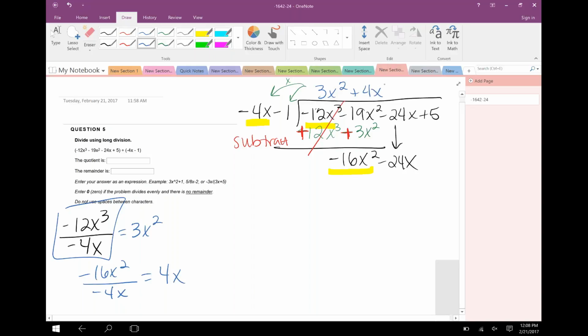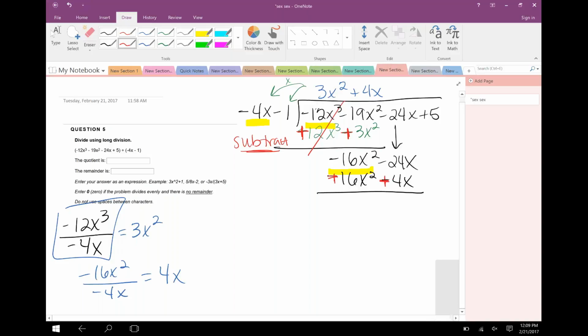Okay, now we're going to multiply. 4x times negative 4x is negative 16x squared. Remember, that's the goal here. You should get the same terms. And then 4x times negative 1 is negative 4x. Now we're going to subtract. So remember, we're just changing the signs, multiplying everything by negative.